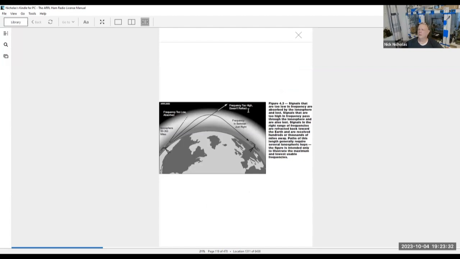They're too long. Signals that are too short generally do not bounce off the atmosphere because there's no point of energized energy on the Earth which is ionized, and thank God there isn't, because it would kill us all.